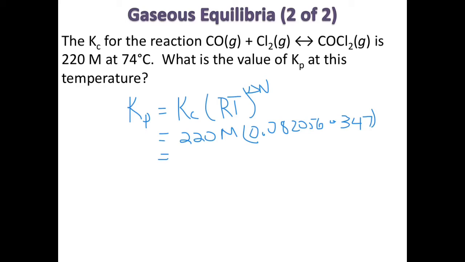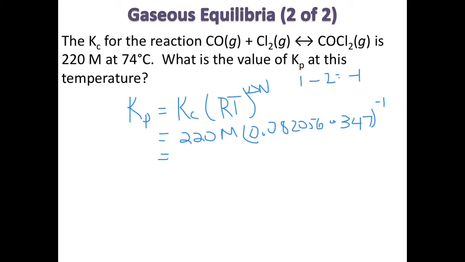And the answer is, before we finish the calculation, the delta N is minus 1 because the number of moles in the product is 1, the number of moles in the reactants is 2. So the delta N is minus 1.